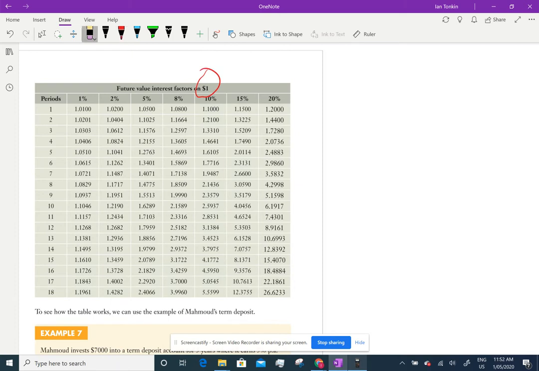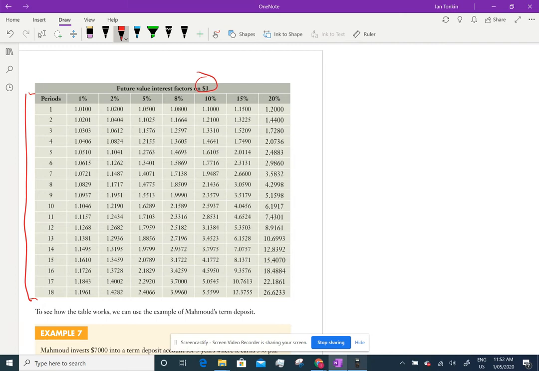You need to be able to use tables because they can throw this at you in the exam, in the HSC. And these periods you're going to need to be able to work out as well, because sometimes the periods might not be per year. They could be per fortnight or per month.